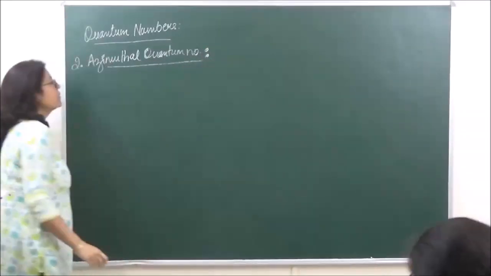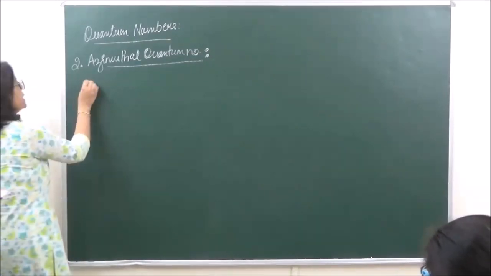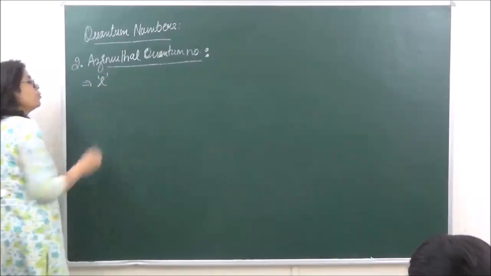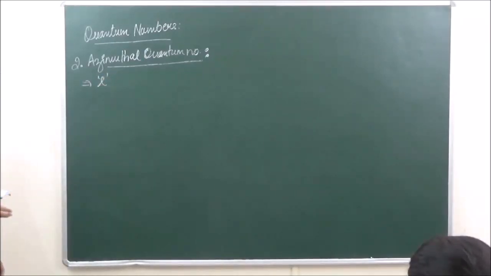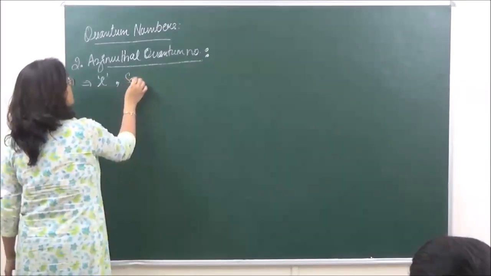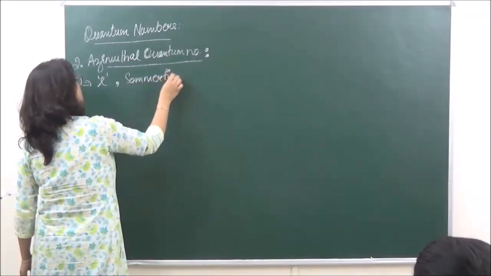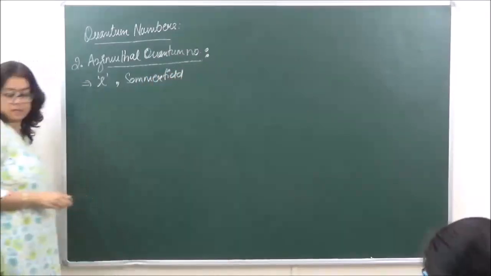The second number is known as the azimuthal quantum number. Azimuthal quantum number is denoted by L, and the scientist who proposed this, his name was Sommerfeld.